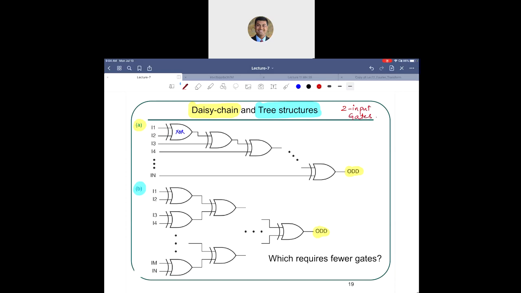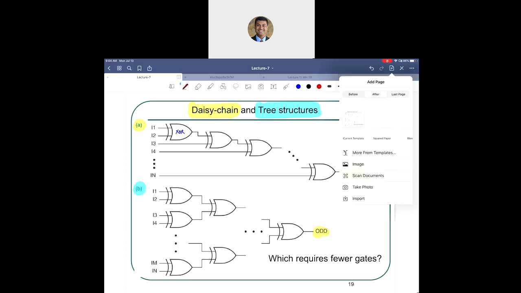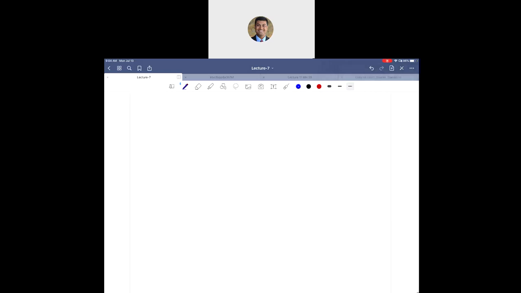So if you have a two input situation, and you still wanted to do something like I1 exclusive OR I2, exclusive OR I3, how would you do it? The only way to do it is first do these two guys, then do it with this.